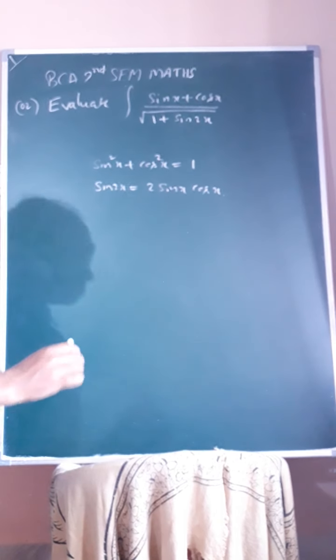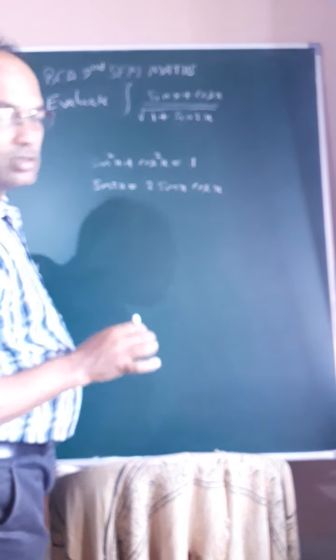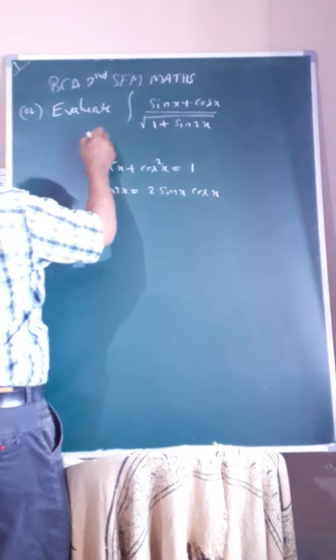Substitute these formulas here. Instead of 1, sin square x plus cos square x, instead of sin 2x, 2 sin x cos x. So the integral will change.